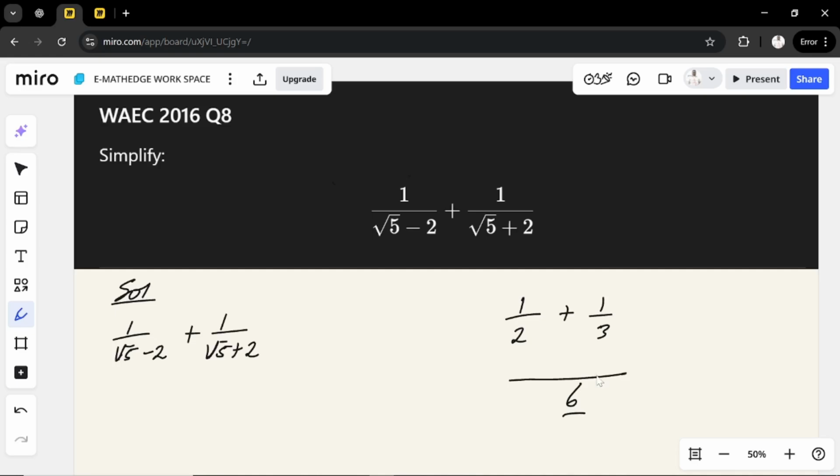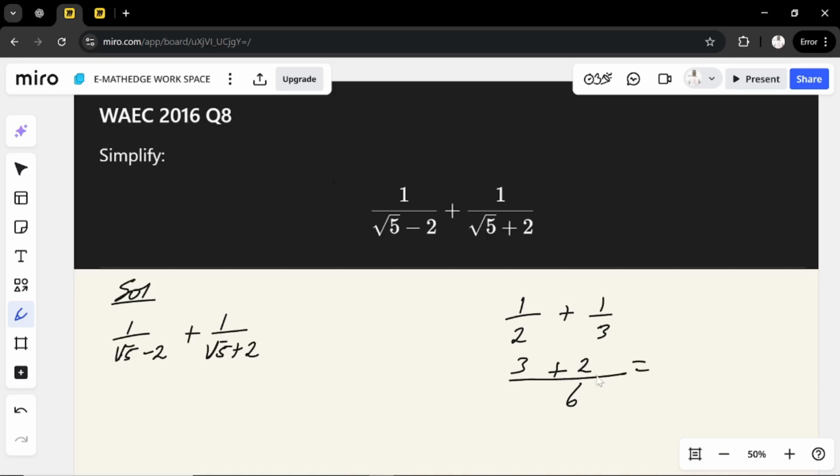Now 6 divided by 2, which happens to be the denominator, is going to give us 3, right? Now 3 multiplied by the numerator, 3 multiplied by 1, is 3, right? Bring down your addition sign. And the next one, 6 divided by 3 is 2, right? 2 multiplied by 1 is going to give us 2.